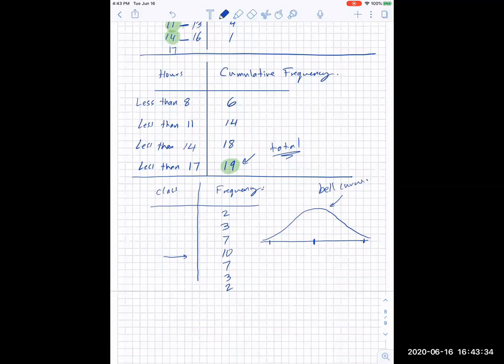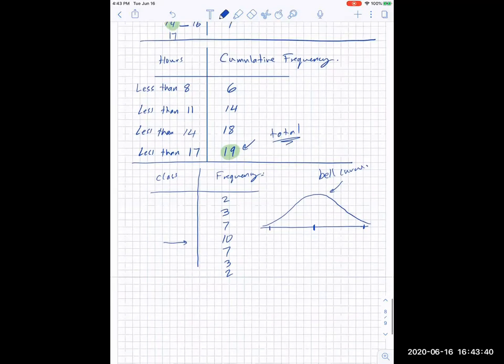If your frequency distribution shows this pattern, then this is a very, very important observation about your frequency distribution. This tells you that your sample data is normally distributed, or it has a bell curve.